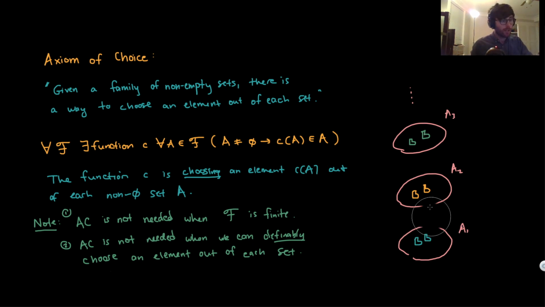But if we change the example a little bit, and let's say instead of shoes, these were all indistinguishable pairs of socks. So each set now had a pair of socks, but there's no way to distinguish one sock from the other. There wasn't a left sock and a right sock, just two socks that made a pair. Well, then we'd have to use the axiom of choice to choose a sock, because there's no way to tell one sock apart from the other one.